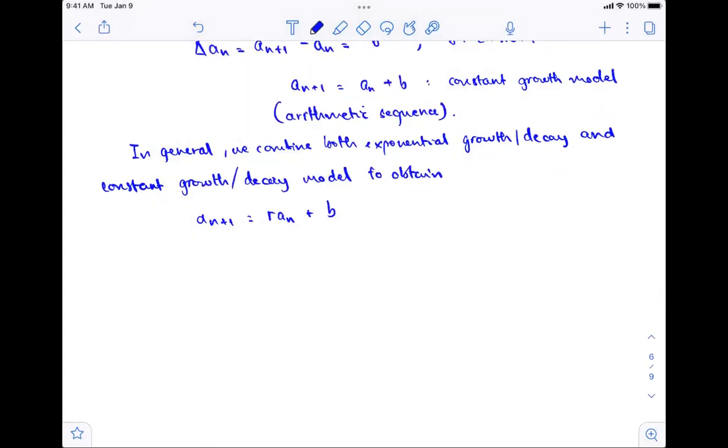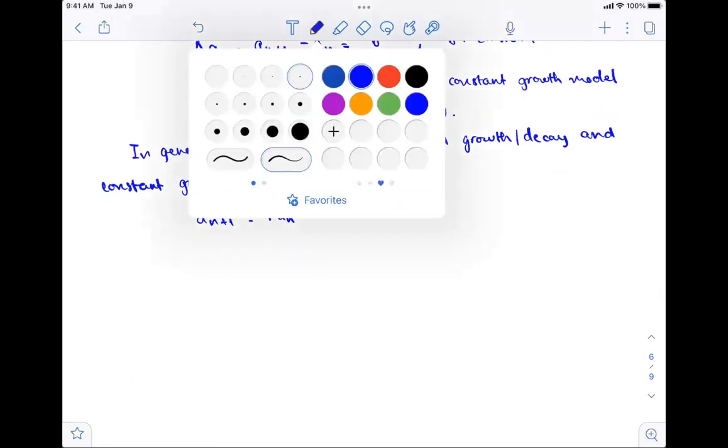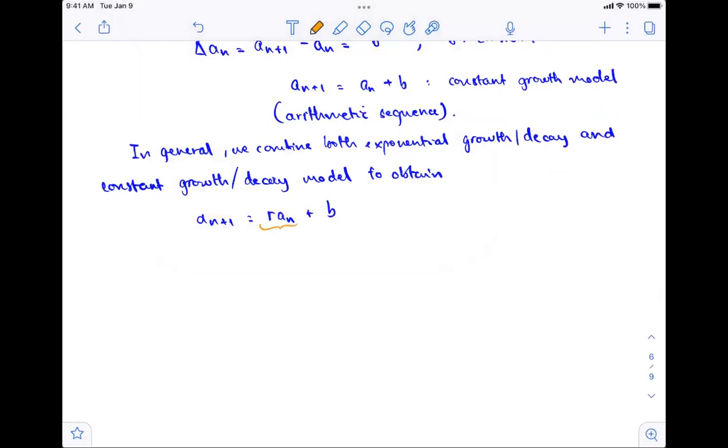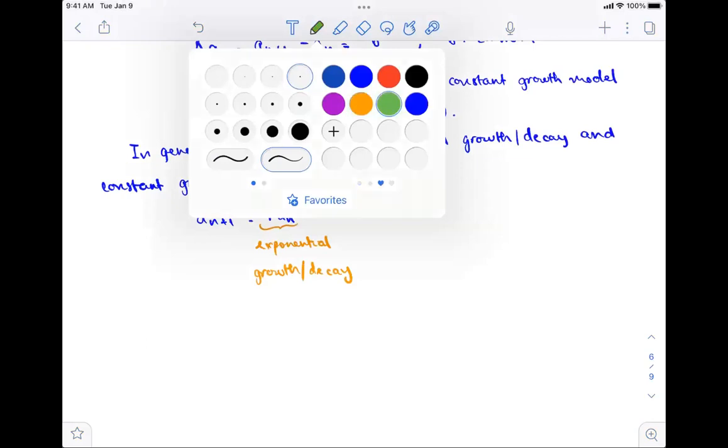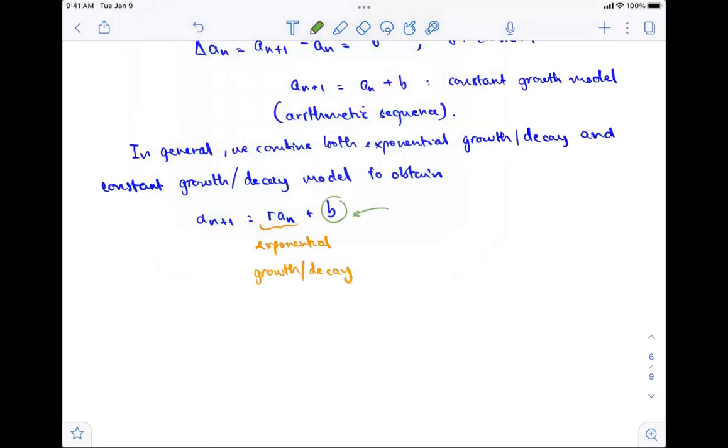And we note that this part of the equation is called the exponential growth or decay. And this part right here is the constant growth or decay.